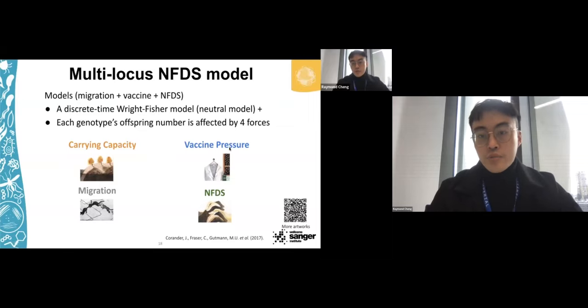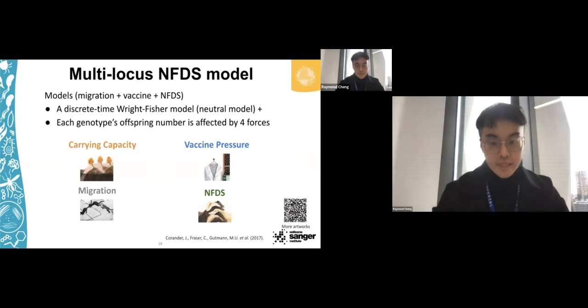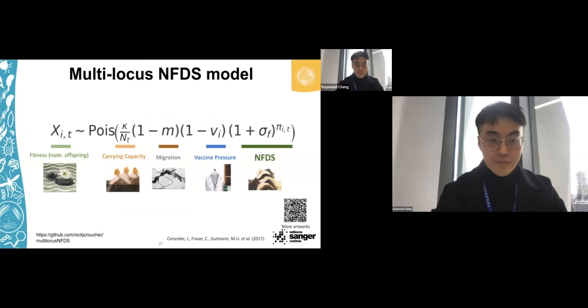And then for the pneumococcus, there is a strong vaccine pressure. The vaccine type will be targeted and the vaccine type population will decrease. In contrast, the non-vaccine type bacteria will increase. And last but not least, there's the NFDS effect on the pneumococcal population, and this is the most important thing I want to talk about.